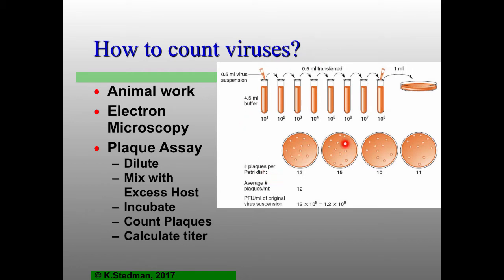And so you can count the number of plaques on your duplicate plates, or in this case, quadruplicate plates. Take the average of the number of plaques here, that tells you the number of viruses that you had in this tube. And then you can back calculate from your dilution to how much you had here at the very beginning.